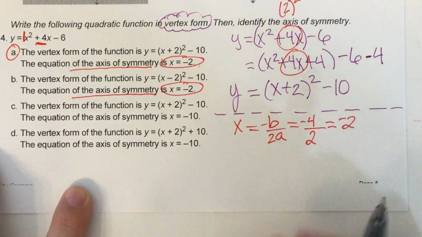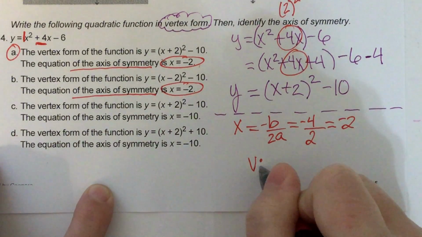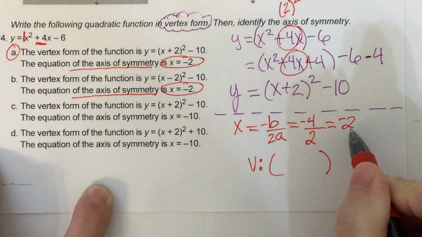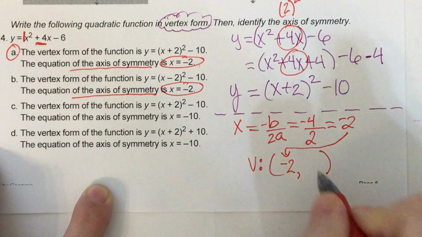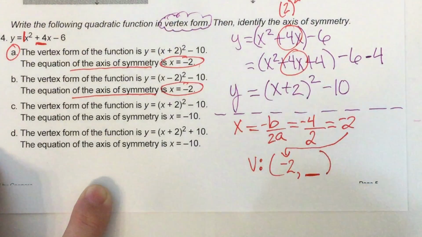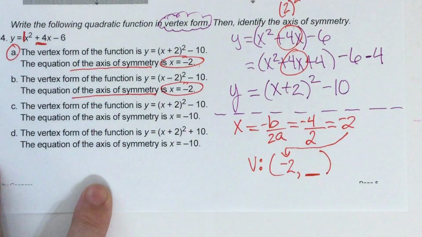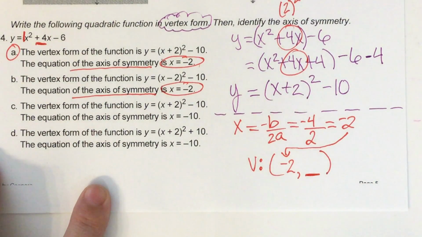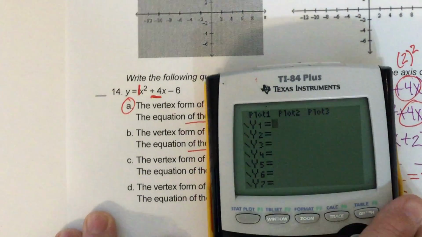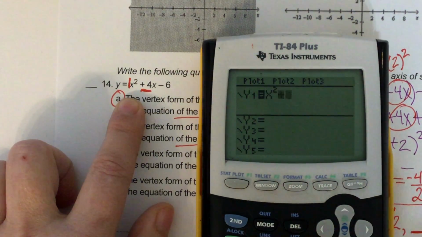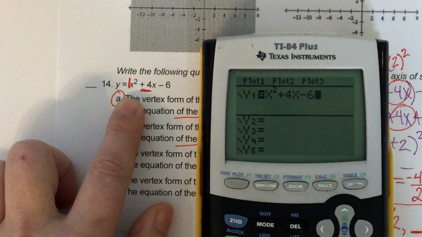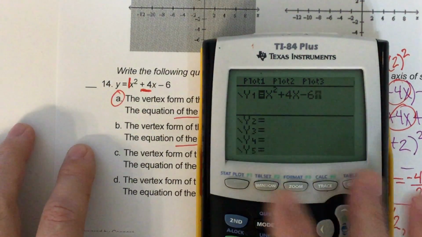But if I was to continue going this way, remember whatever you get for your axis of symmetry is also the x coordinate of your vertex. What we need to find is the y coordinate. There's a couple different ways of doing this, but one way is to go to your y equals in your calculator and type this equation in, x squared plus 4x minus 6, and then go to your table.